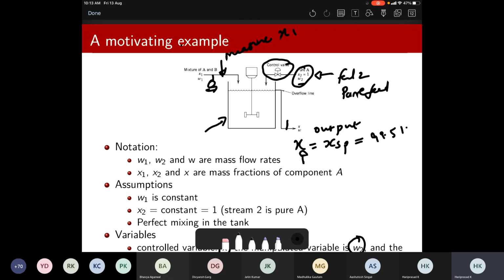You kept a sensor here and measured the value of x. You are seeing that there is considerable variability in x. So how will you be able to control that? Because that is not what you need when you want to sell your product.